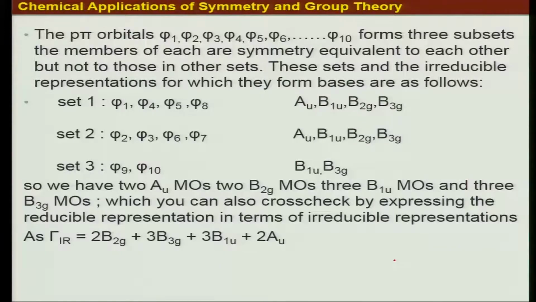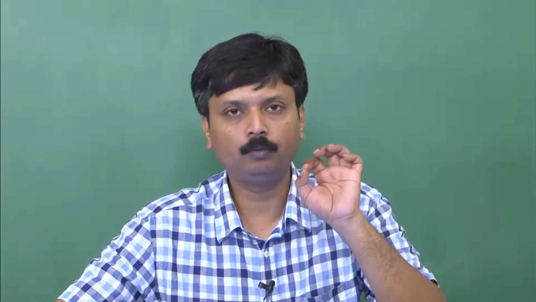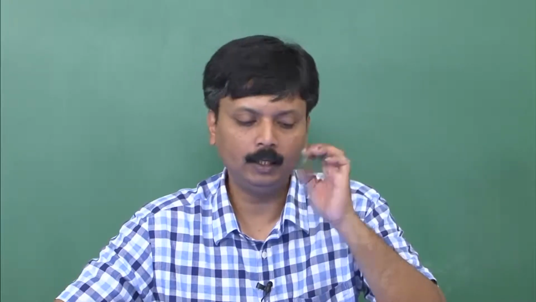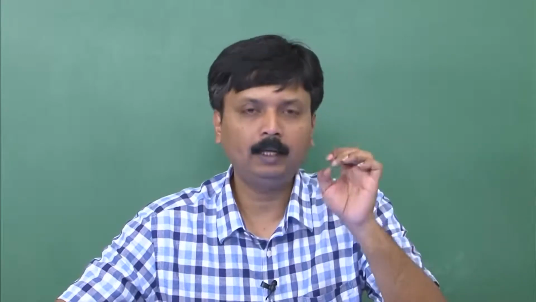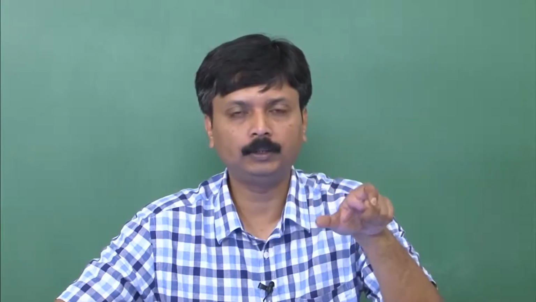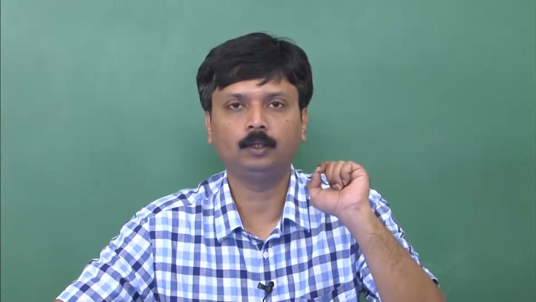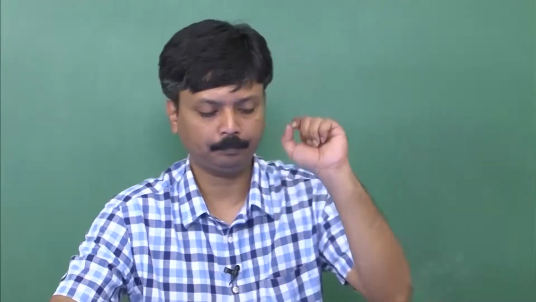Now, at the beginning we said that the p pi orbitals corresponding to all 10 carbon atoms of naphthalene are not all equivalent, but they form subsets which contain equivalent basis functions. So we have essentially 3 different sets.